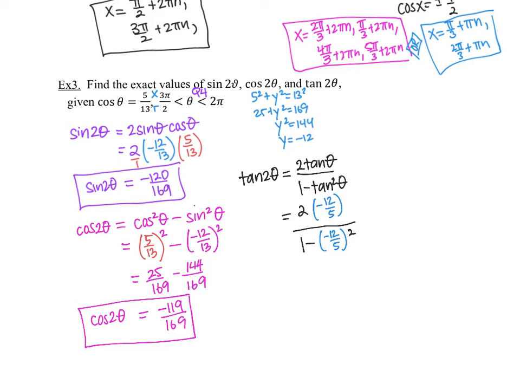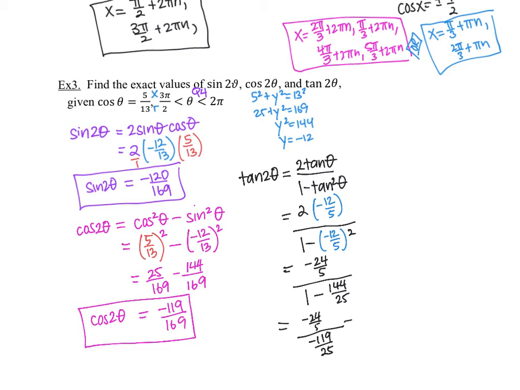Okay, I'm going to go ahead and try to simplify this. Let's see, 1 minus 144 over 25. Okay, 25 over 25 minus 144 over 25 will be negative 119 over 25.